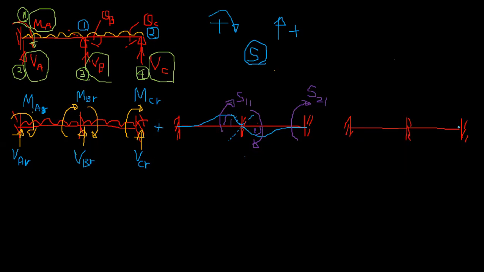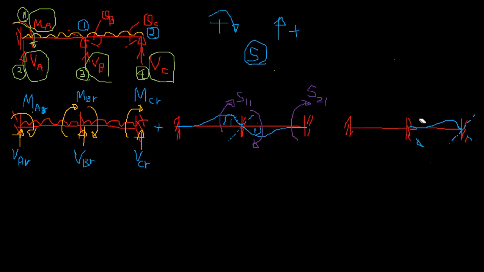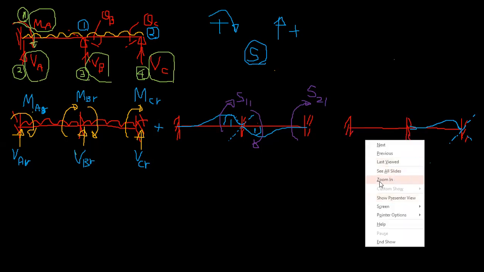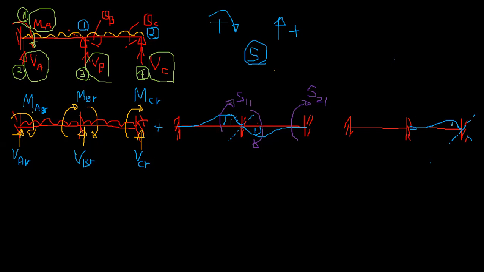So now I need to apply a unit rotation here. I would apply it in the clockwise direction, because clockwise is positive. If you rotate this support by theta, this other support would not get rotated, but there will be some induced bending moment. So here also you apply a unit rotation, that means theta is exactly 1.